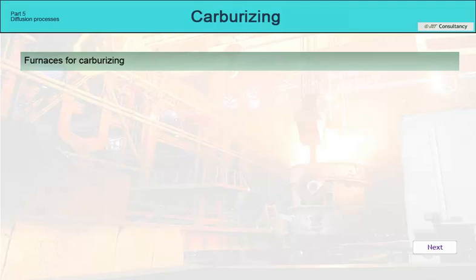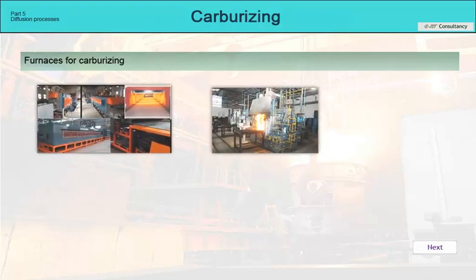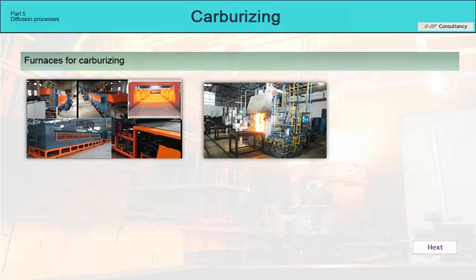Finally, we will talk about the equipment used for carburizing. The equipment can be batch or continuous. Continuous equipment is usually not found in commercial heat treatment facilities and is more the domain of the automotive industry. Batch equipment provides lower capacity, but is commonly available and, above all, more flexible.